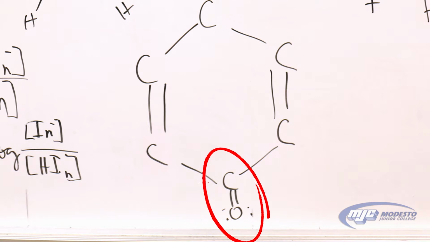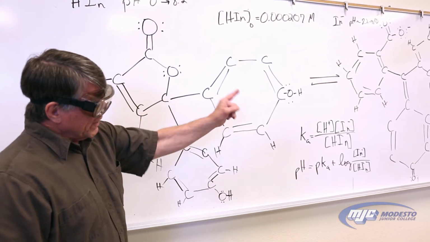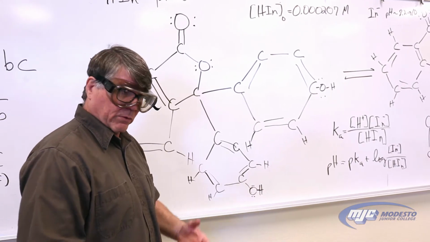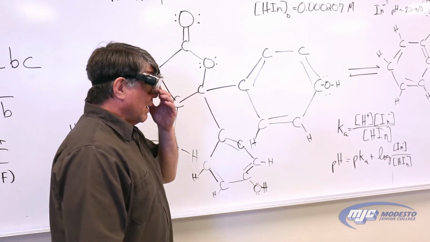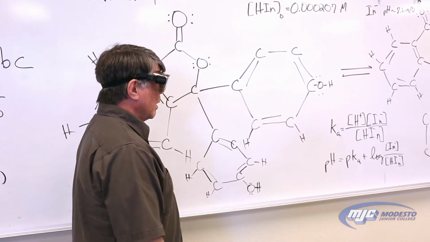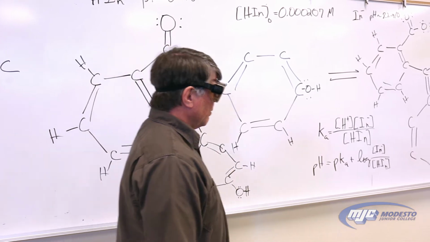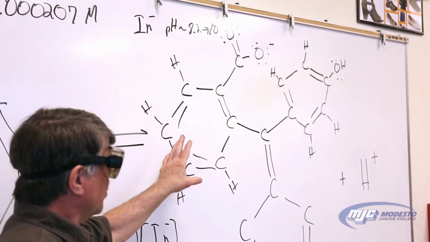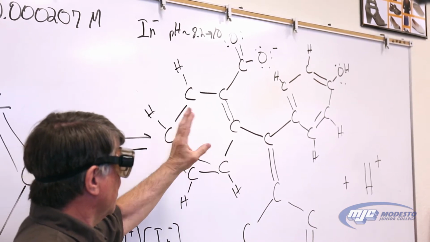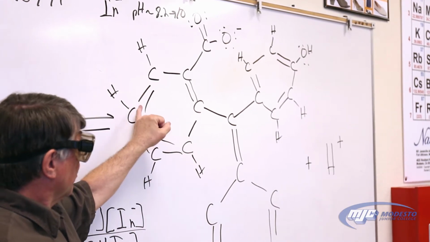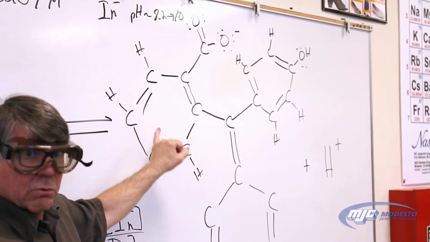Now, the reason that the base form of the phenolphthalein molecule has the color that it does has to do with what's called conjugation. Conjugation is the reason for the color. If you look at all of these carbons, there's alternating double and single bonds.